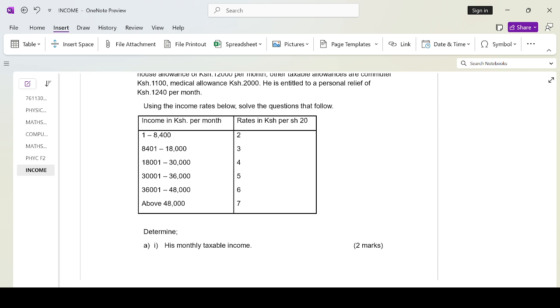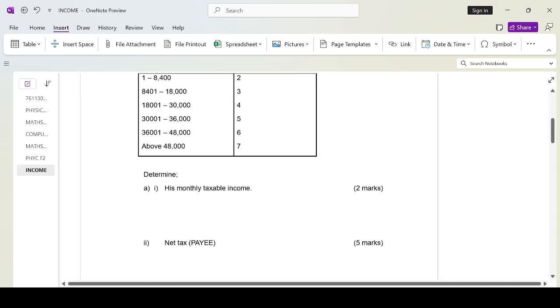It's very important, learners, first of all, that we understand what the table heading means for us. Rates in Kenyan shillings per 20 shillings means that for every 20 shillings you are being charged that rate.